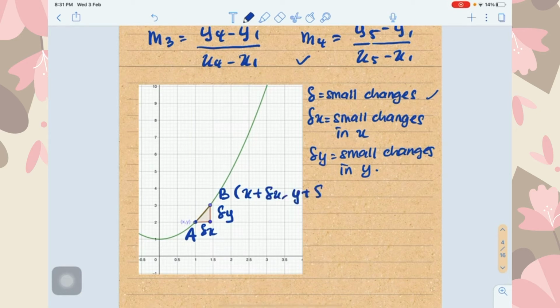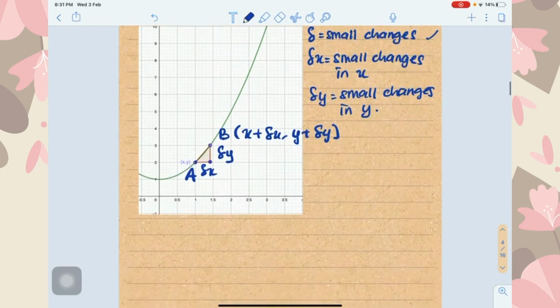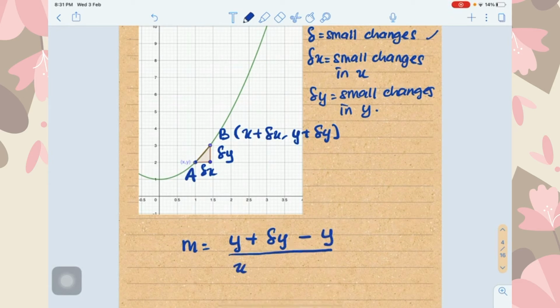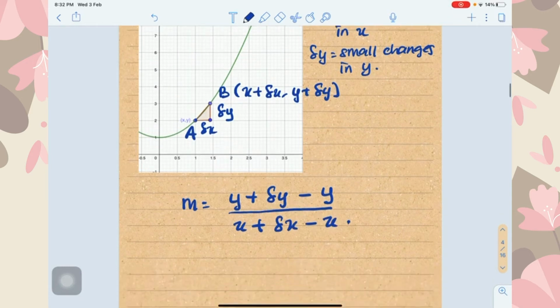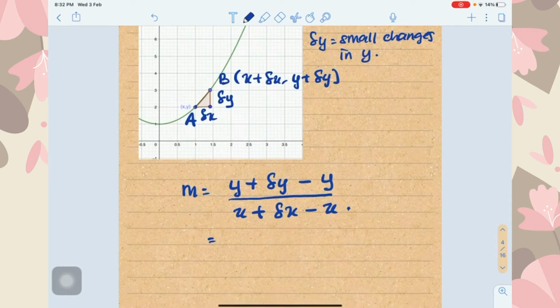Here, by using the formula of gradient, gradient equals y2 minus y1 over x2 minus x1. So y plus delta y minus y, divided by x plus delta x minus x. You can simplify, we get delta y over delta x.